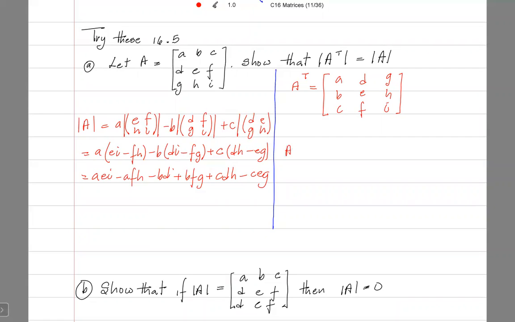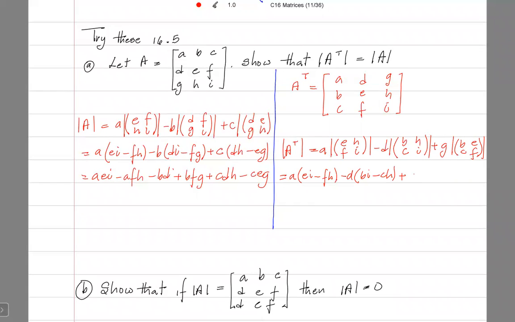So the determinant would be A times the determinant of E, H, F, I, minus D, the determinant of B, H, C, I, plus G, the determinant of B, E, C, F. All right, so this would be A into EI minus FH, minus D into BI minus CH, plus G into BF minus CE.